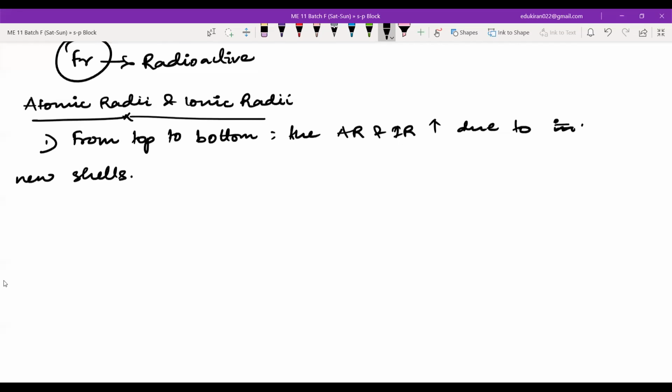Because if I go from second period to third period, that means I am adding the third shell. So this is the simple point regarding atomic radii and ionic radii.